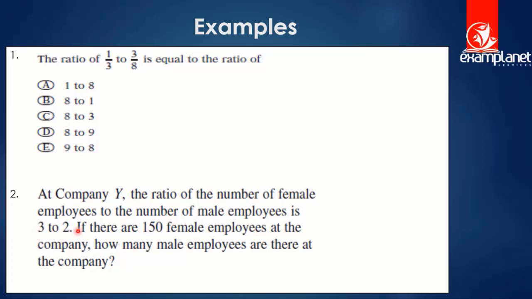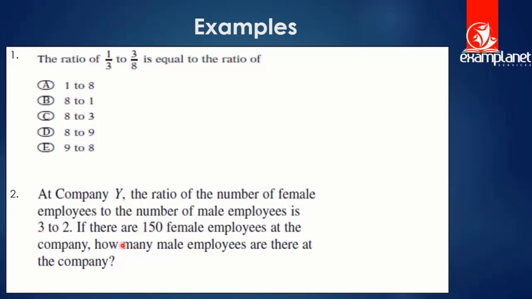So now the ratio of female to male, 3 to 2. That means ratio of female 3, ratio of males 2. And you have 150 females. What does that tell you? That means the ratio of females times 50, that's 3 times 50, has given us 150 females.